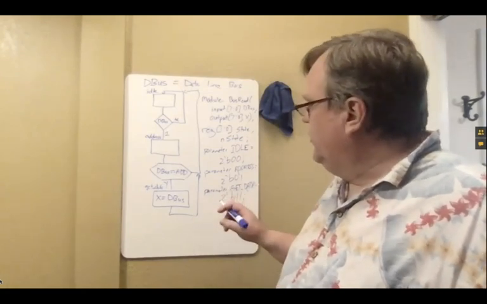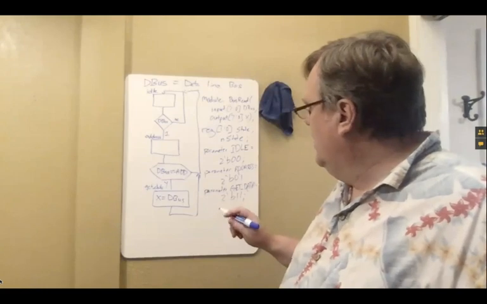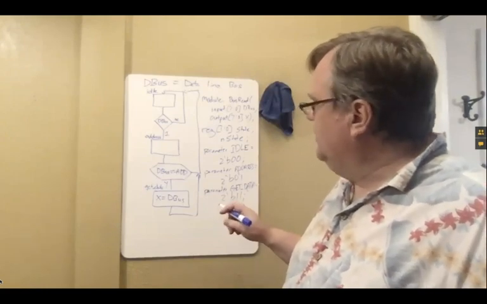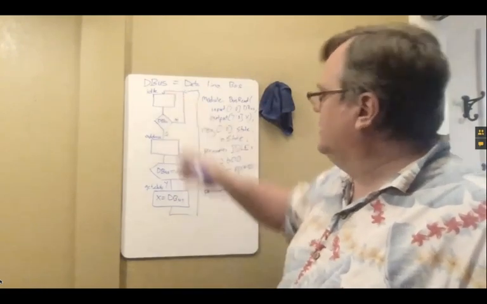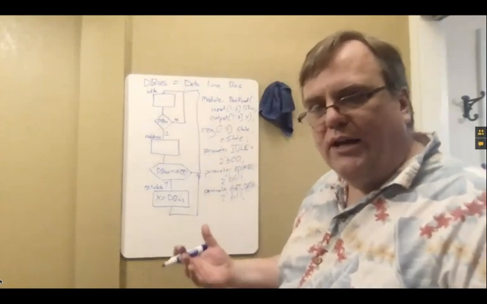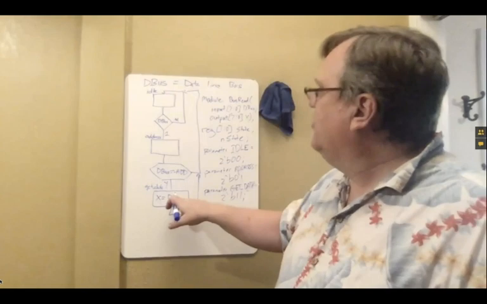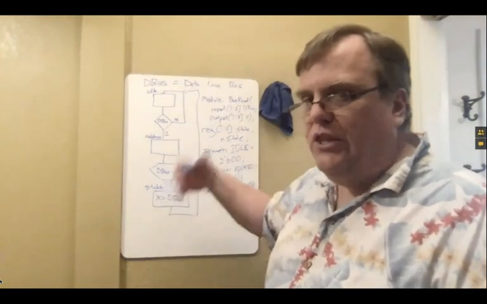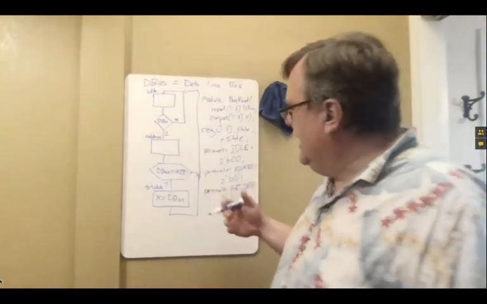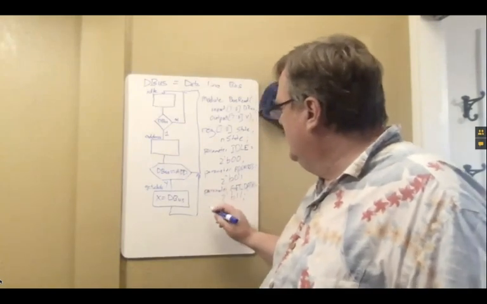Now, if I'm being really, really careful, I might make a state in between this one and this one that'll just take one extra cycle, because immediately after this data, there has to be at least one cycle of nothing to separate the next data bit that's coming in.